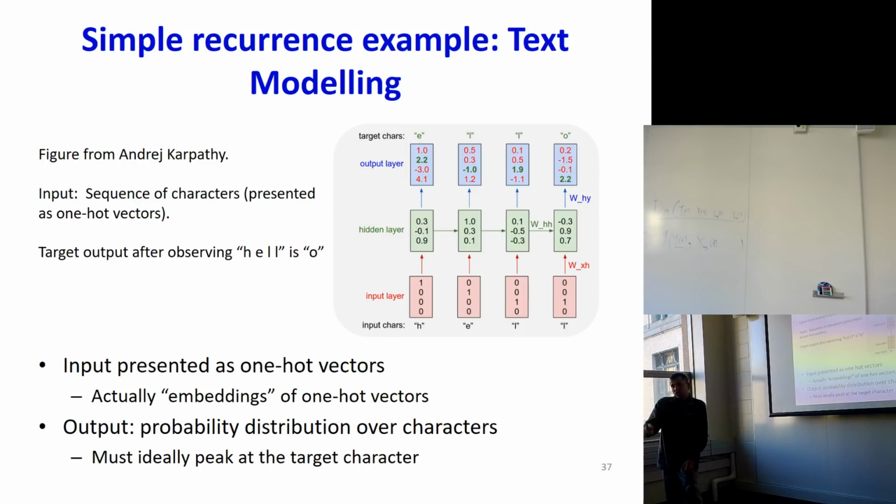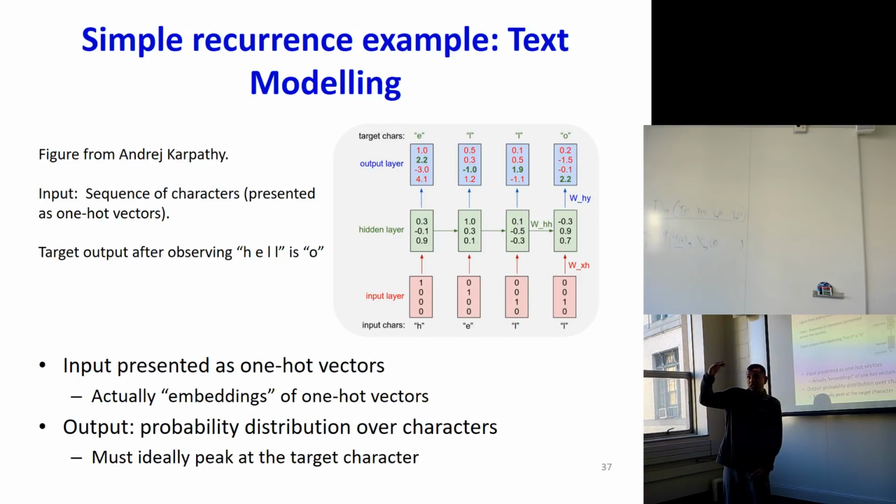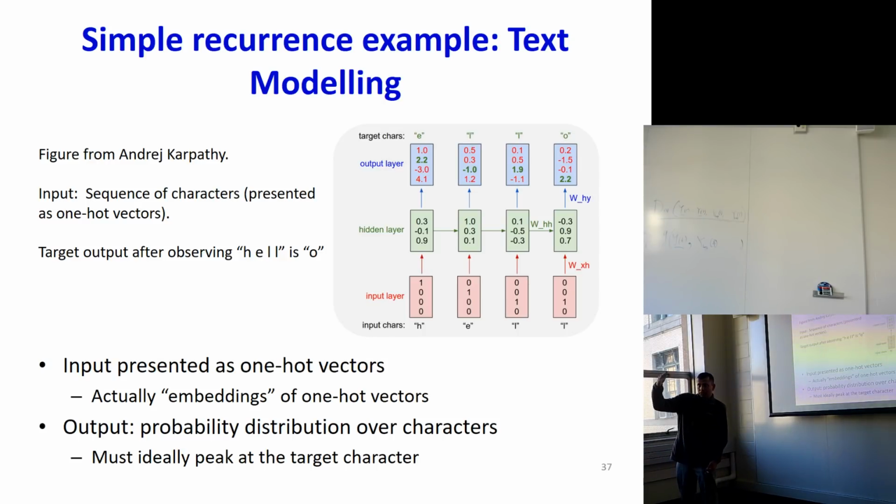If I arrange all of my alphabets or all of my words alphabetically, the very first entry is going to be just the word A. So A is going to be represented by 1 followed by several zeros. The second word might be, say, Aaron. So Aaron is going to be represented by 0, then there's a 1, and then followed by many zeros, and so on. Standard one-hot representation, right?